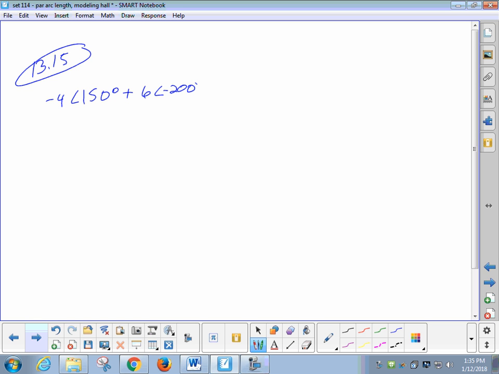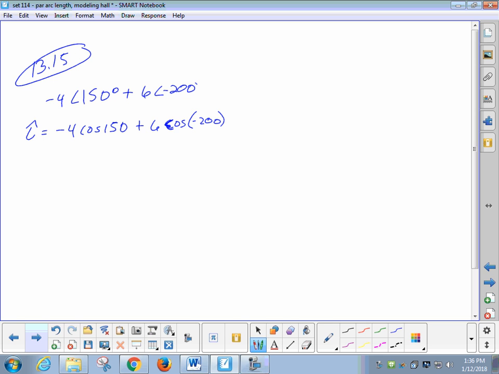You most definitely do not add in polar. You have to convert it to components: how much horizontal and vertical here, how much horizontal and vertical there, and combine. So the total i hat is negative 4 cosine 150 plus 6 cosine negative 200.